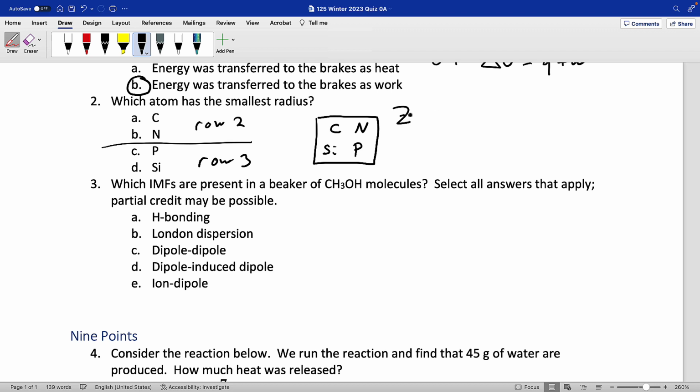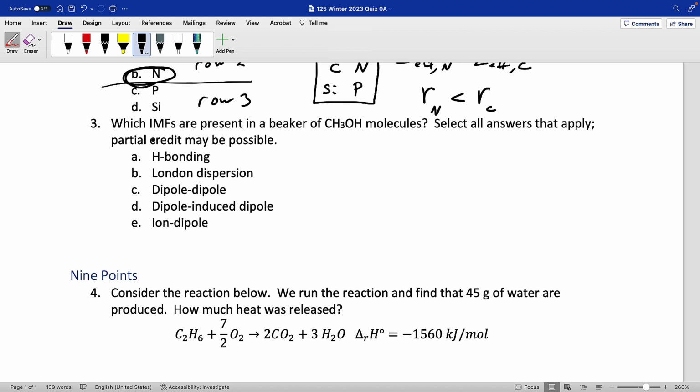You may remember from 124 that Z effective for nitrogen is therefore going to be bigger than Z effective for carbon. If the outermost electron is seeing a bigger positive charge in the nucleus, that's going to contract the atom, so the radius of nitrogen is going to be less than the radius of carbon. So the correct answer is B, nitrogen.